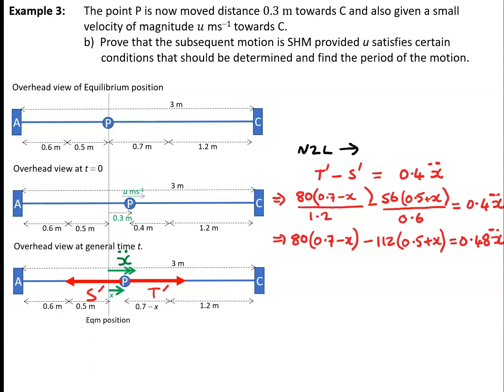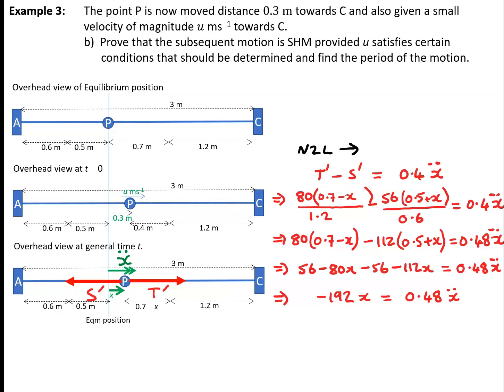If we times through by 1.2, we've got 80 times (0.7 minus x) minus 112 times (0.5 plus x) equals 0.48 x double dot. Multiplying the brackets out, we've got 56 minus 80x minus 56 minus 112x equals 0.48 x double dot.